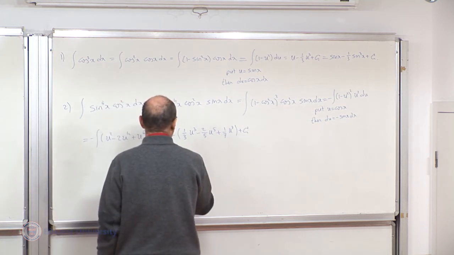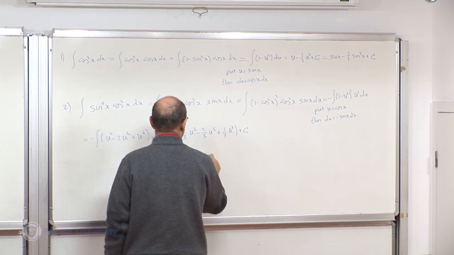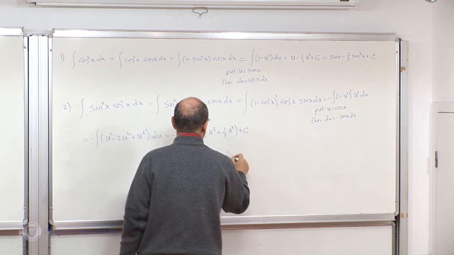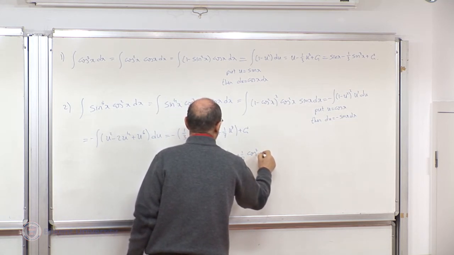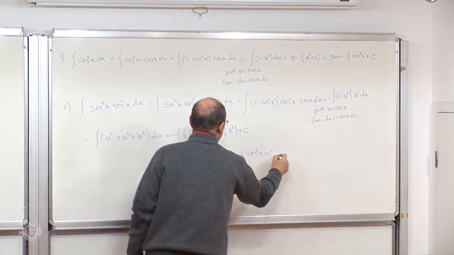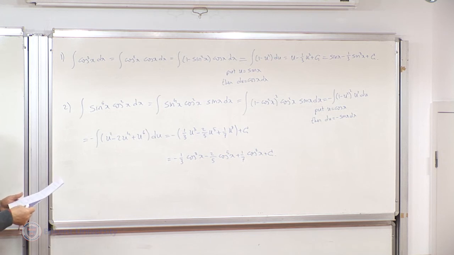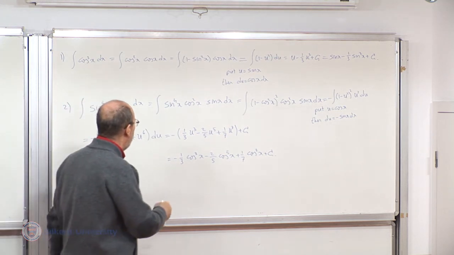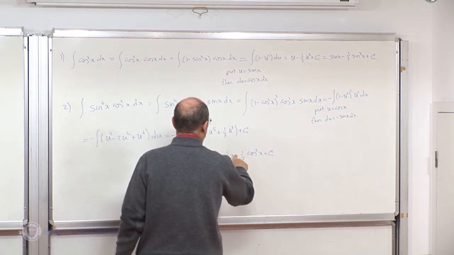So this becomes minus 1 over 3 cosine cube x plus 2 over 5 cosine to the power 5 x minus 1 over 7 cosine to the 7 x plus c.